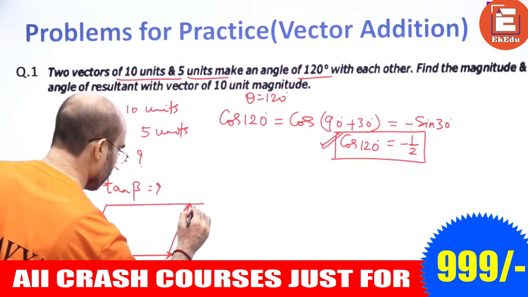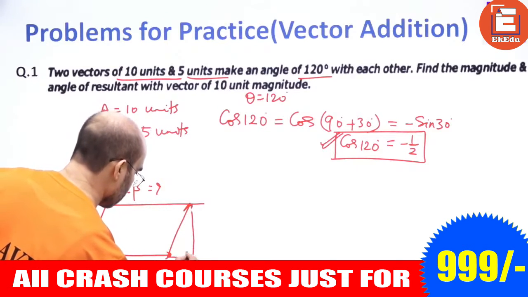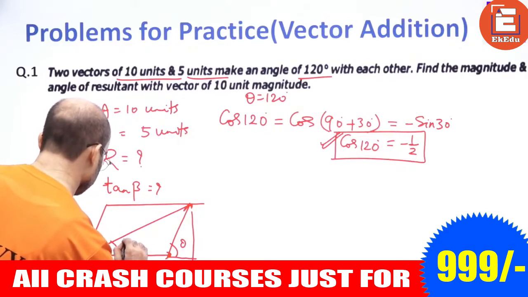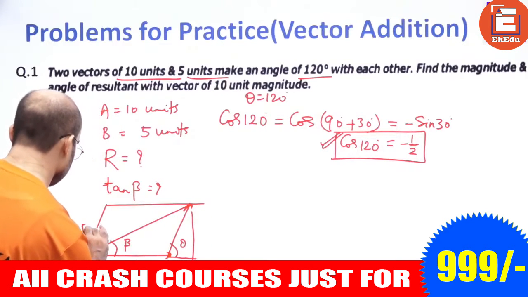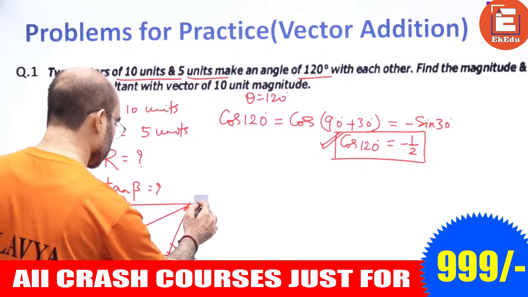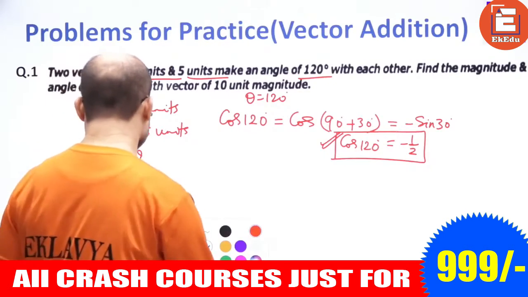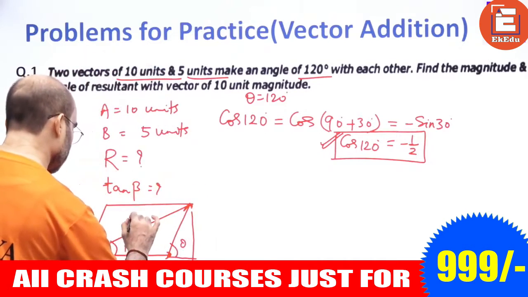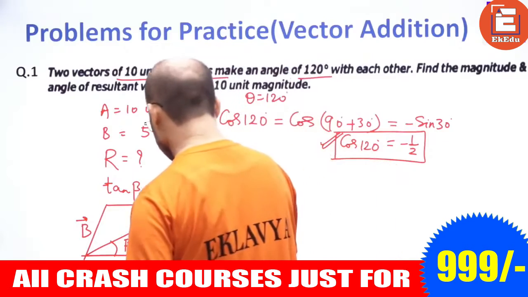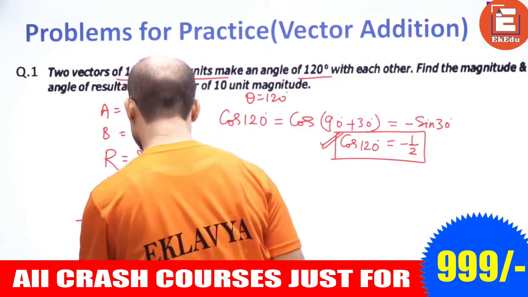This is vector A, and this is theta, and this is the resultant vector, this is beta. This is vector A, this is vector B. This is the magnitude of the resultant vector R.